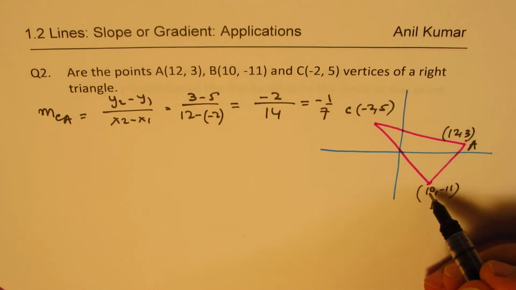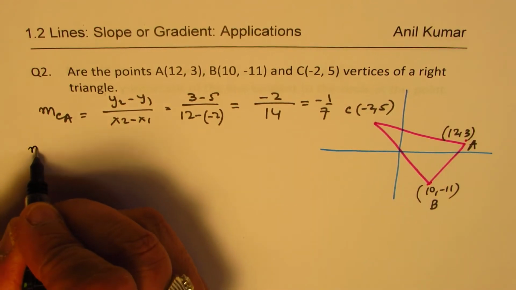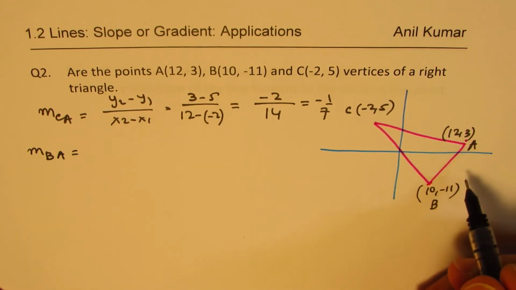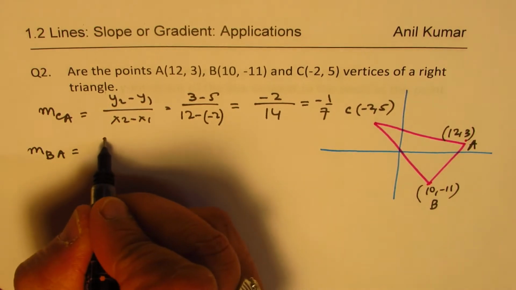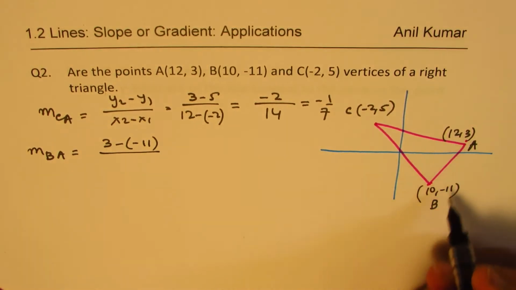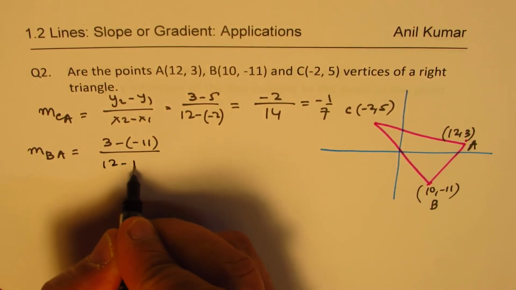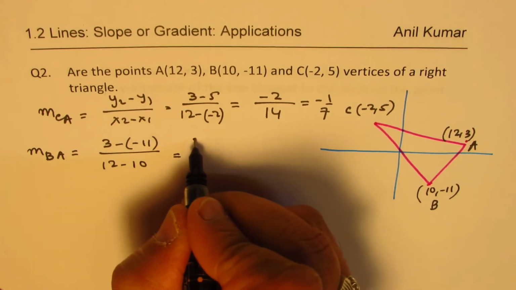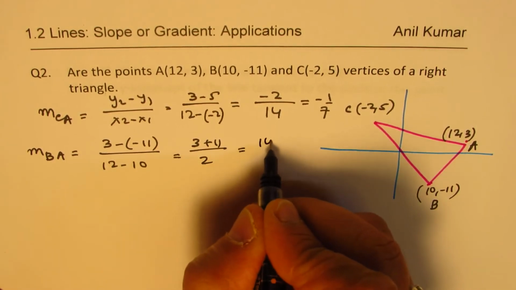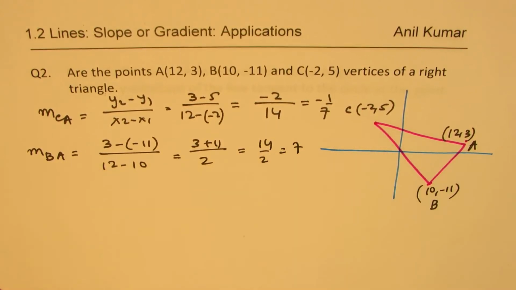Now let's find the slope from B to A. Slope from B to A is basically equal to 3 minus minus 11 divided by 12 minus 10. Now 3 plus 11 over 2, which is 14 over 2 or 7.